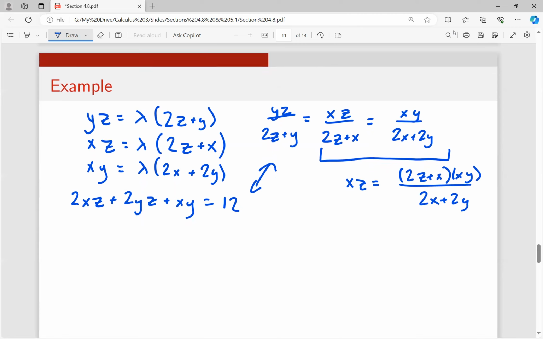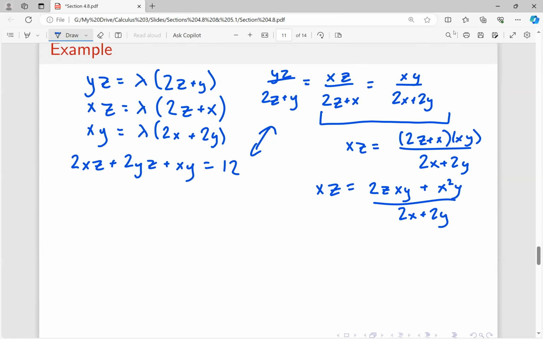Okay, well, let's subtract a z term back over. So xz equals, let's multiply together, 2z xy plus x squared y all over 2x plus 2y.